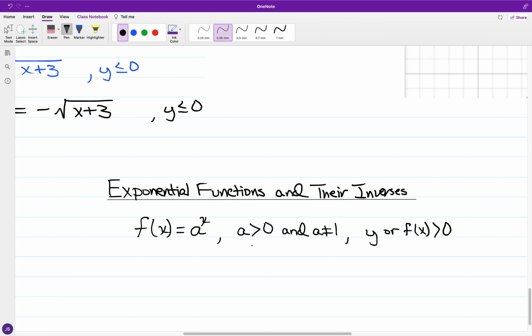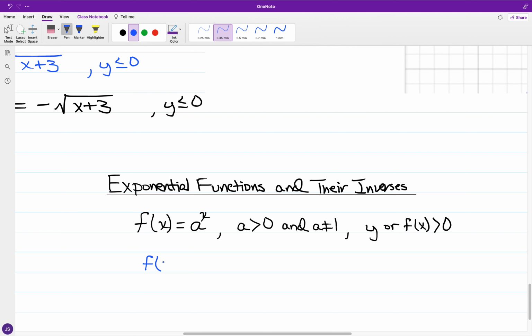Okay. And let's say that if I were to determine the inverse of what I have here. So again, starting out, I have f of x is equal to a to the x. Again, f of x is a functional notation for what we say is going to be y.